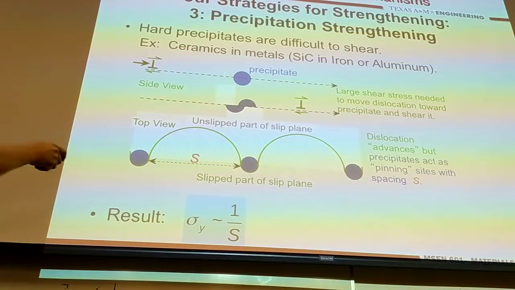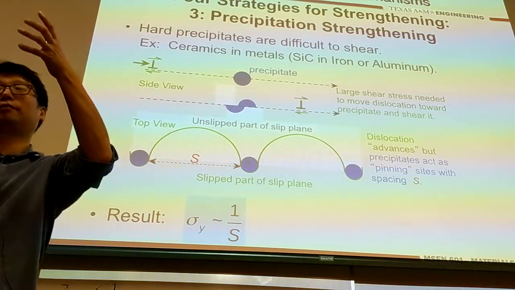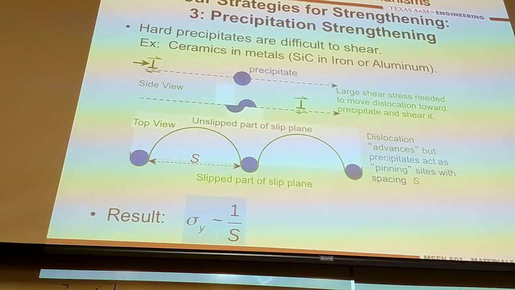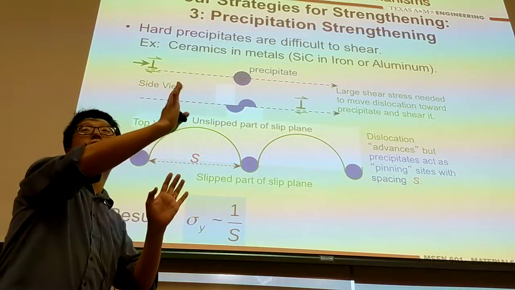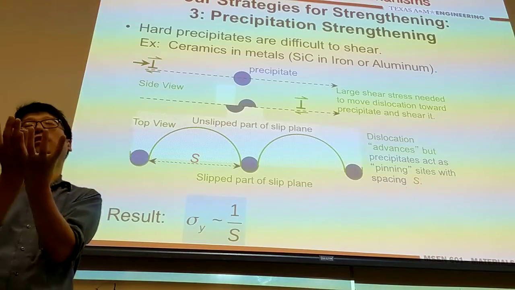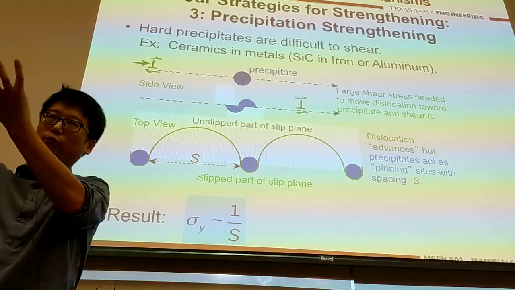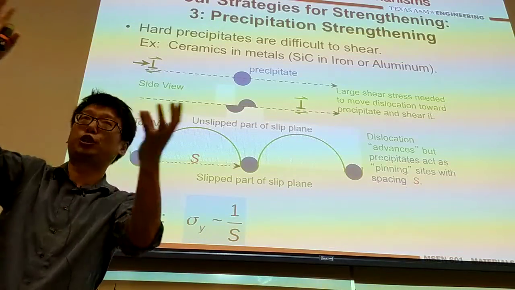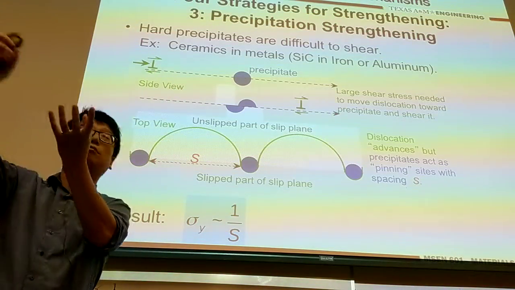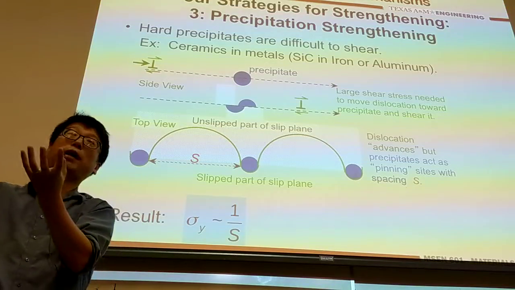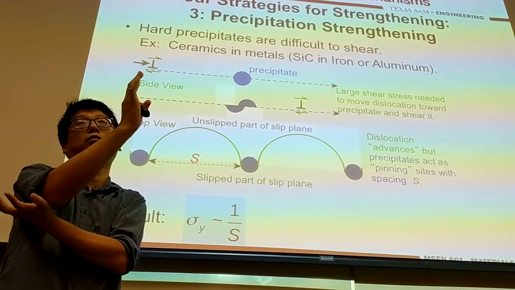What happens is that those silicon carbide particles are very, very hard, right? They're ceramics. So when a dislocation tries to come through, for it to move across, in principle, you have to break the bonds. If you have perfect ceramics, for one atomic plane to move from left to right, you literally need to shift the top plane by at least one Burgers vector.